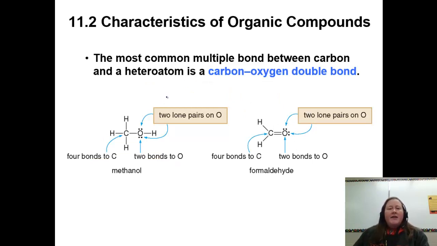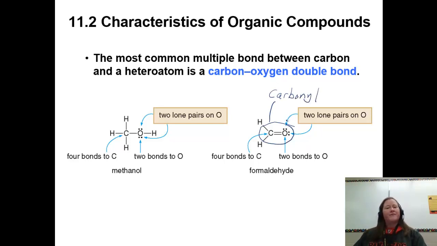So a common double bond between carbon and another atom is this carbon-oxygen bond. This right here is referred to as a carbonyl group.